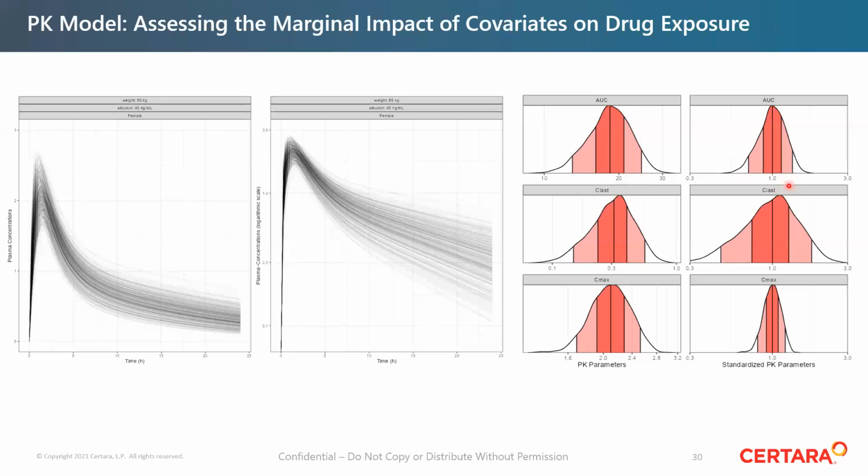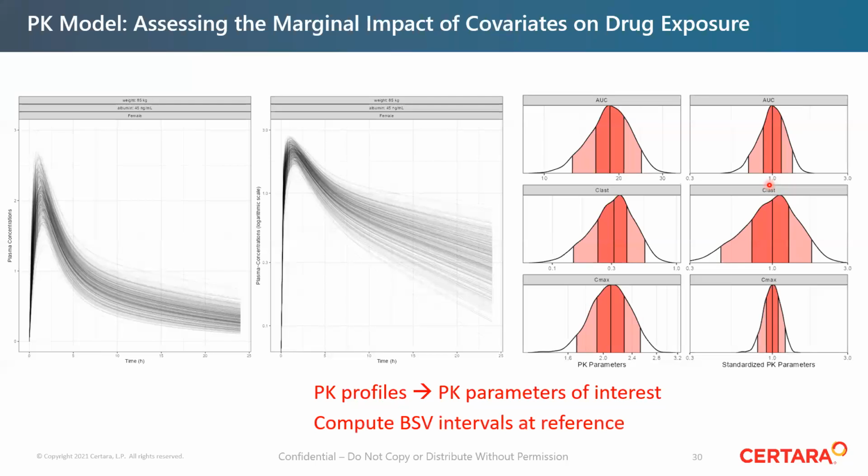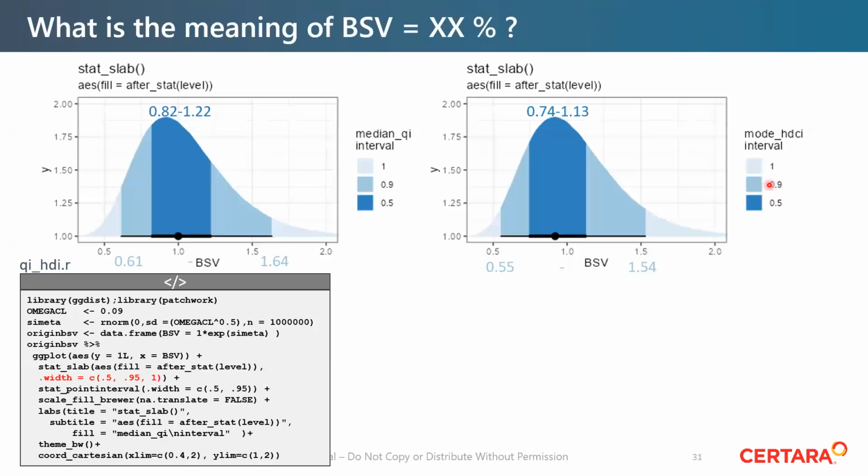Now I have everything lined up at one, and I can understand that the BSV at reference is narrower for Cmax and wider for Clast, and it's in the middle for AUC. That's how I generate PK parameters from the PK profile and compute intervals at reference.